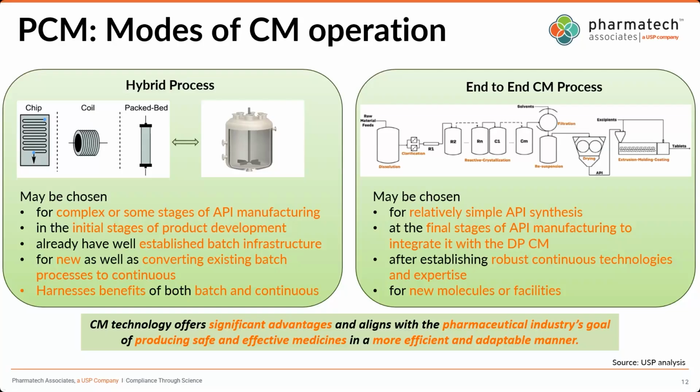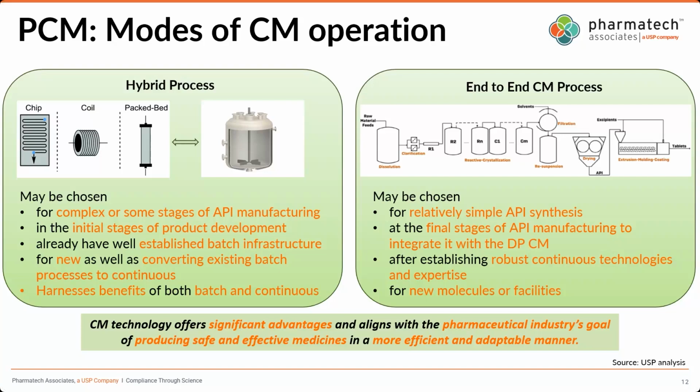However, end-to-end continuous manufacturing would make sense for manufacturers who want to set up new facilities or want to market a new molecule. However, it is important to note that the hybrid or the end-to-end approach of CM may also depend on the cost considerations and the technical expertise within the organization.